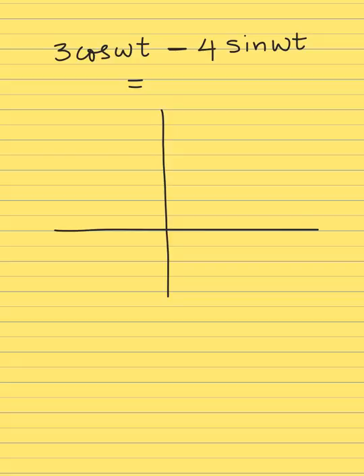Cos omega t, you know that it's on this axis, so we're going to have an amplitude of 3 on this axis. So let's say this is 3, and that's cos omega t. The negative sine omega t is this axis, and it's going to take 4 steps in here. So let's say here is 4, and in 4-quadrant space, to sum up the values, the resultant is going to be here, this will be the resultant.